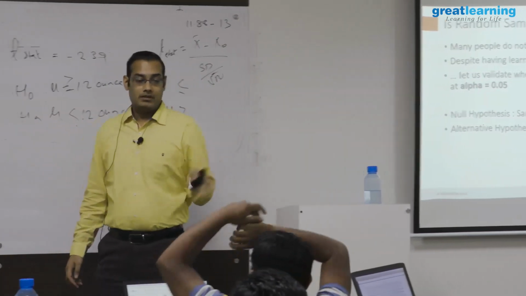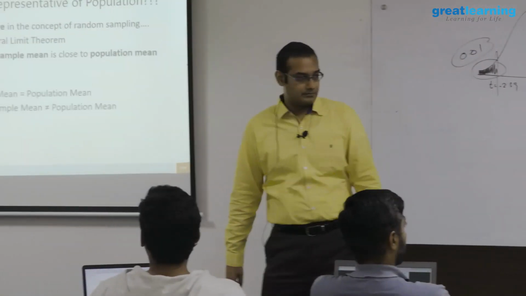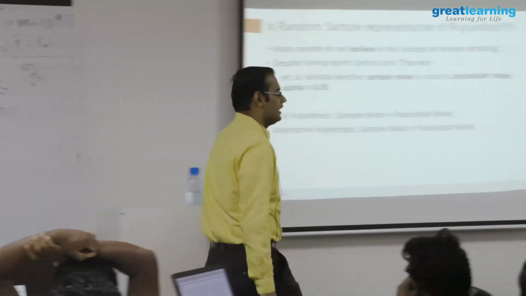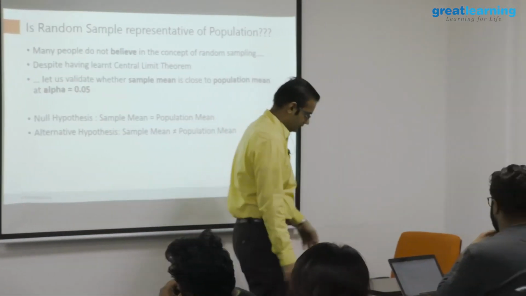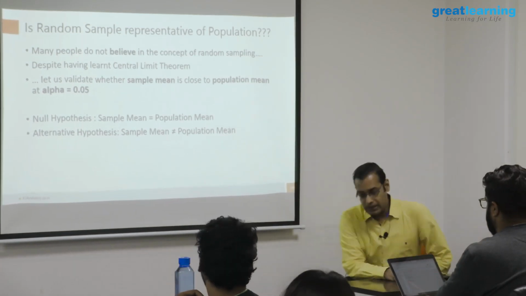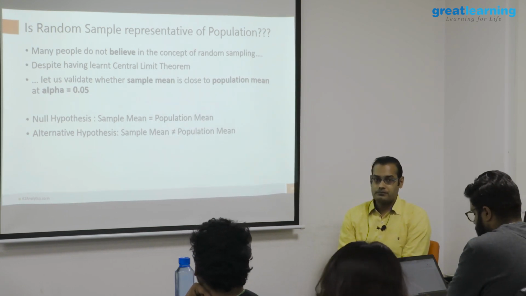Is a random sample representative of the population? I have a population of 1 lakh observations, and from that population of 1 lakh I take 10,000 observations.